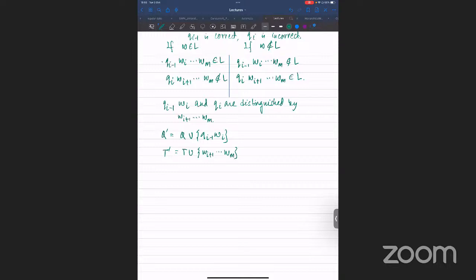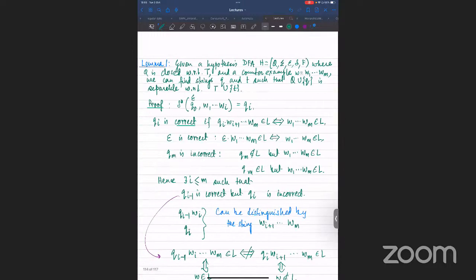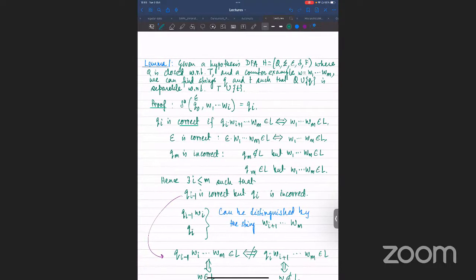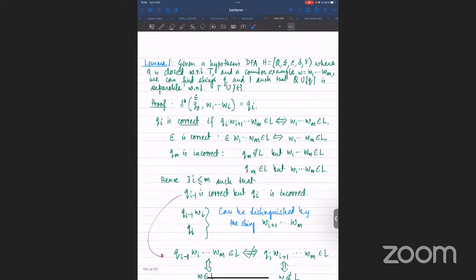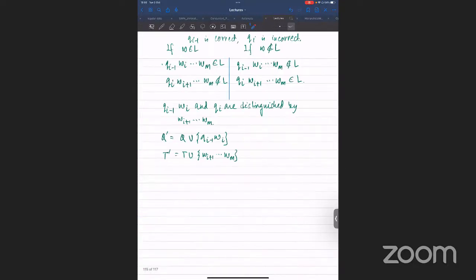Okay. Now, what did the theorem's lemma say? It said that if I now have this, it is separable with respect to this. Correct? So why is this new string separable with respect to this?